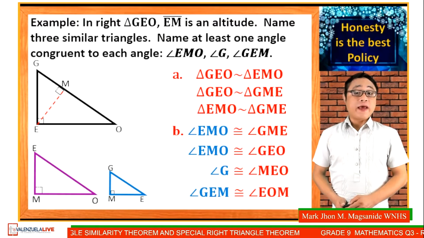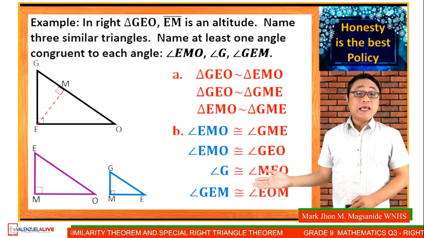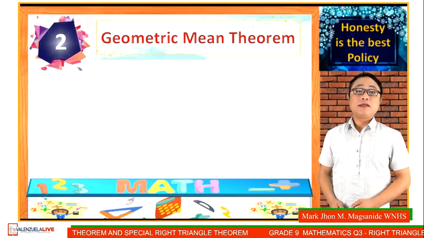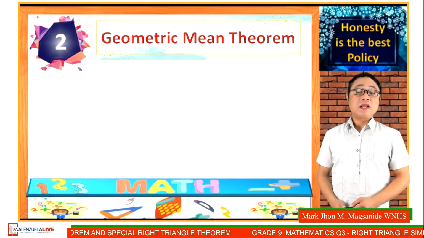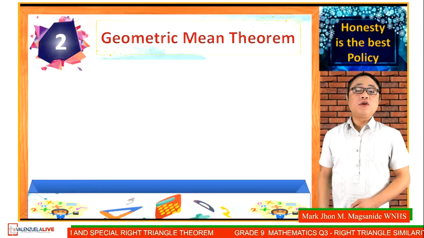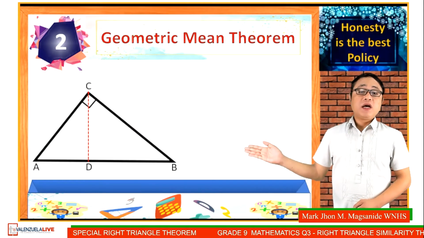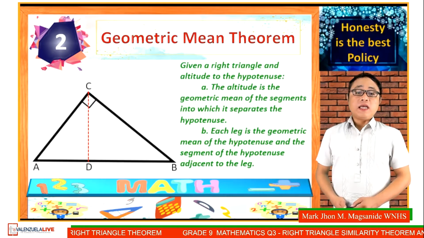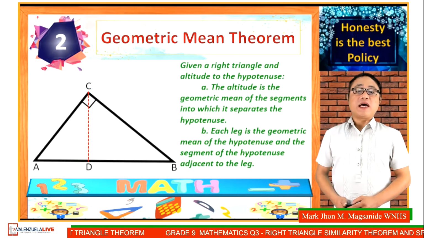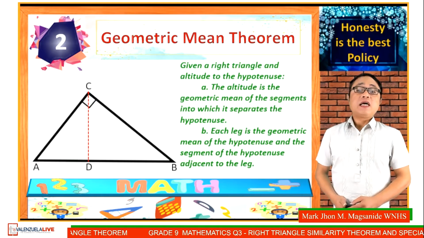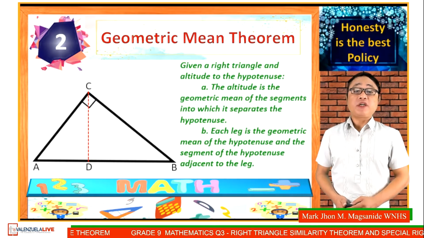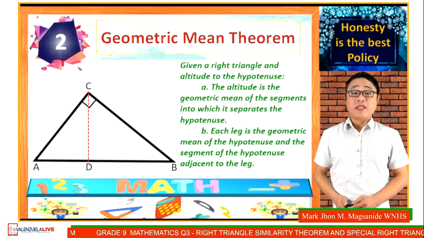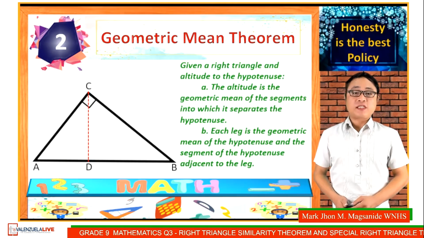Following the right triangle similarity theorem is what we call the geometric mean theorem. As shown in this figure, the theorem states that in a right triangle where an altitude to the hypotenuse is given, the altitude is the geometric mean of the segments into which it separates the hypotenuse.